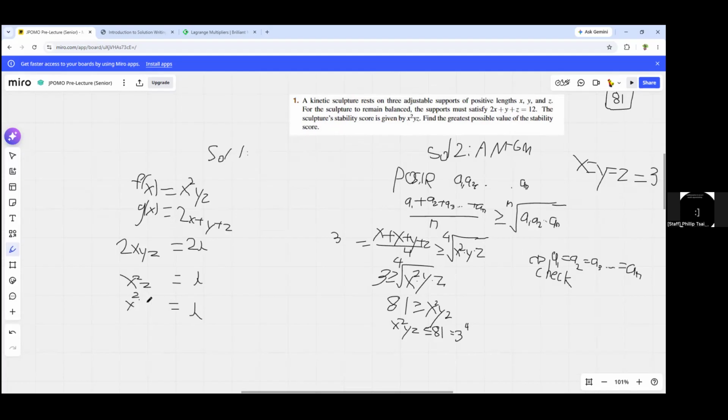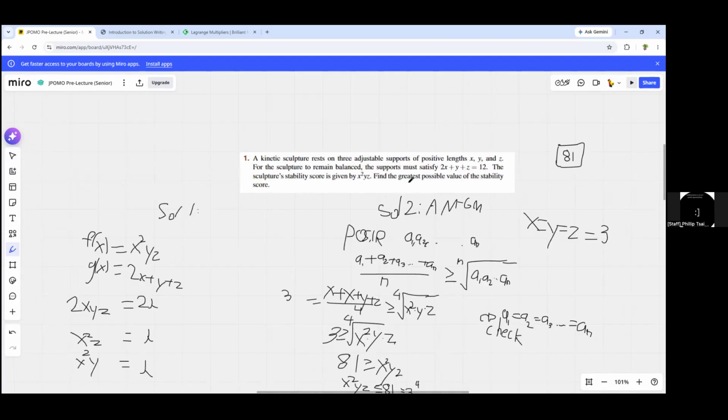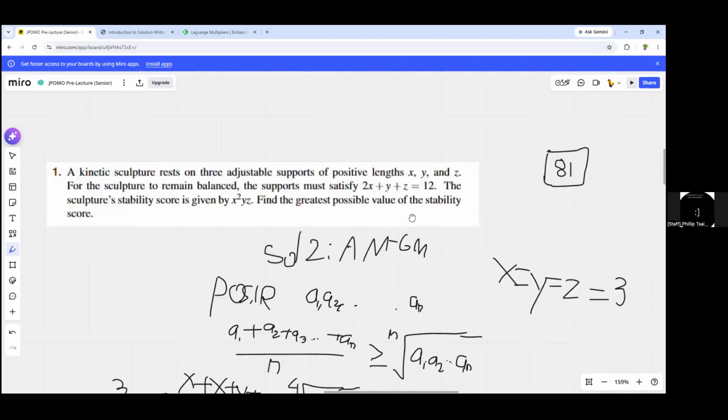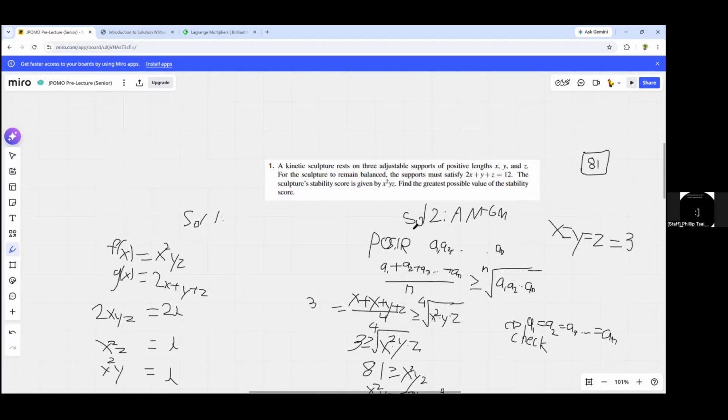And then all we have to do is solve this system of equations, and that yields an extreme value, which in this case must be the maximum value.